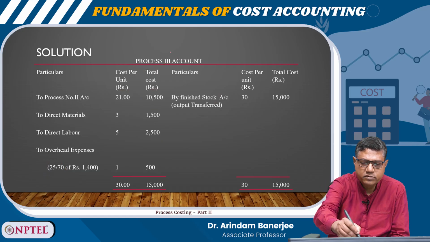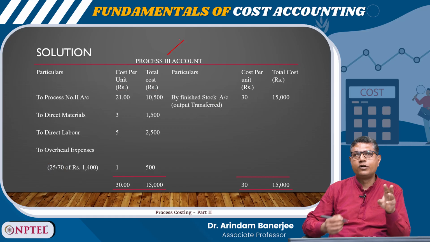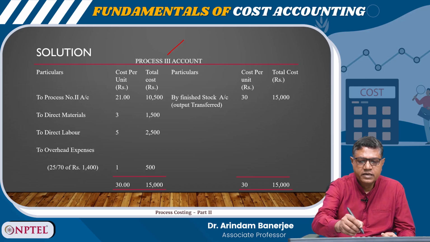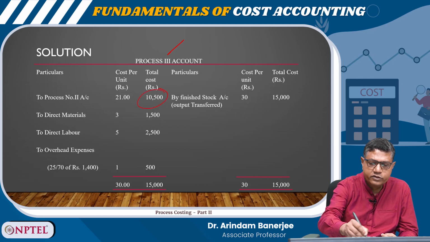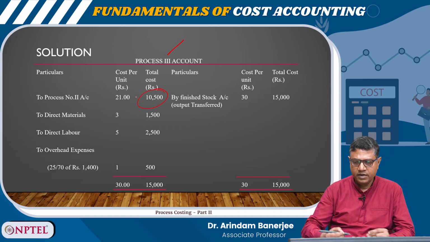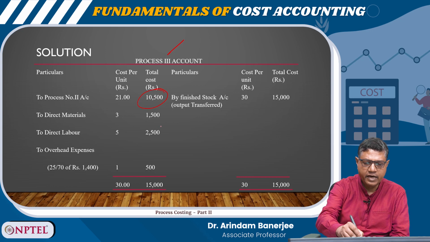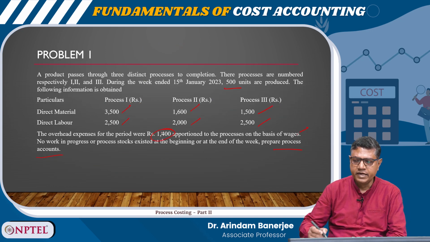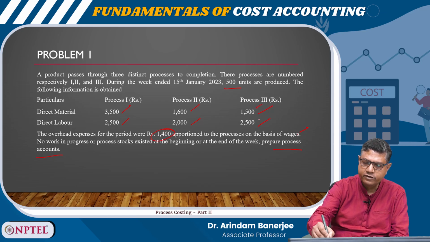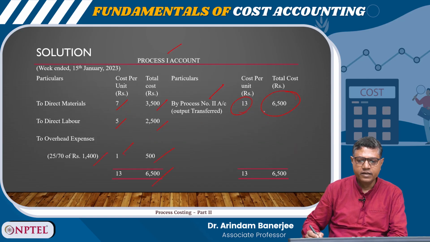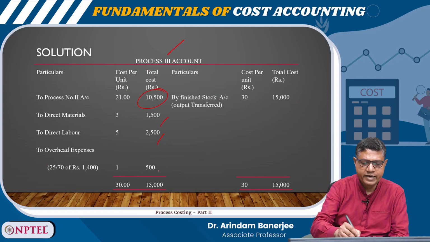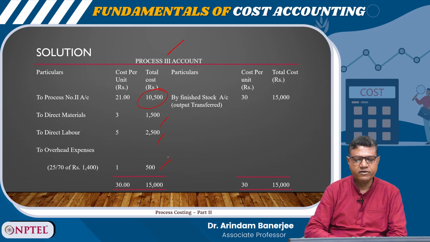Now, I am coming to the process 3 account. There are a total of 3 processes, process 1, 2 and 3. So, 10,500 from process 2 is transferred. Direct material 1500 and labor 2500, as given here, are added to process 3, and overhead expenses proportionately added are 500.